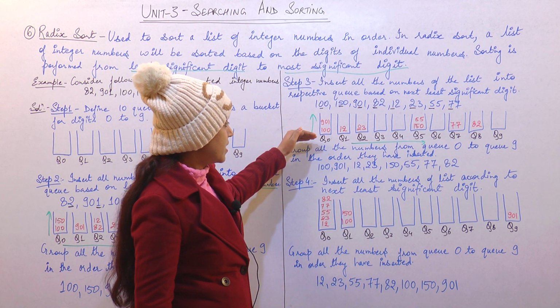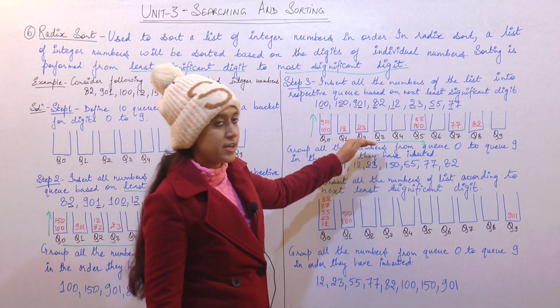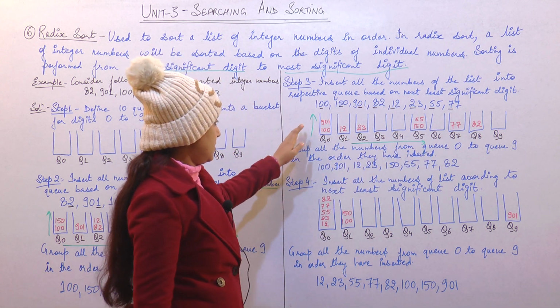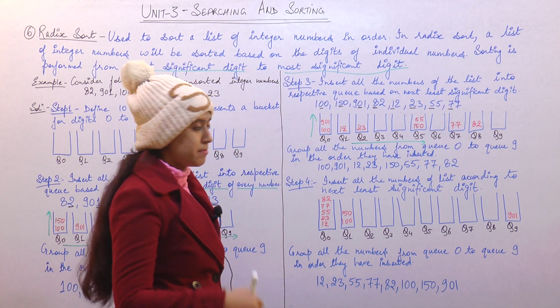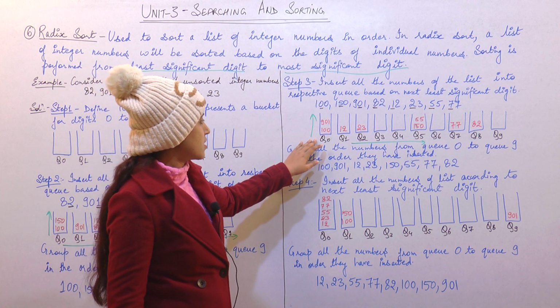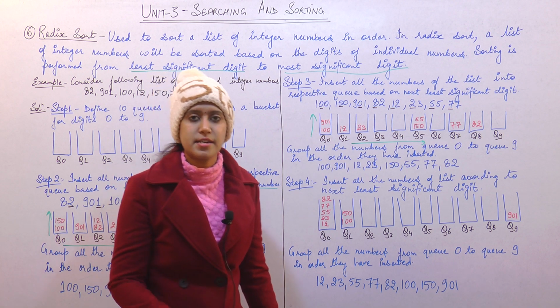So first we will take the numbers of Q0 bucket, then Q1 bucket, then Q2 bucket, then Q3 bucket, similarly till Q9 bucket. And if we are having multiple numbers in each bucket, that means if we are having 2 numbers in Q0 bucket, we will firstly write the first inserted number.